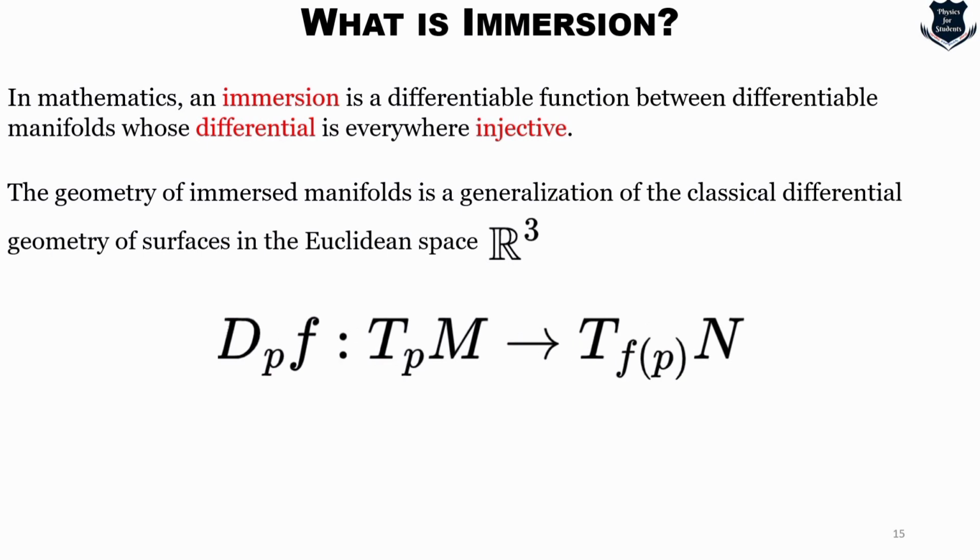Now immersion itself requires another video, so I won't be explaining immersion over here. I would take another video to talk about the distinction, or the similarity and difference, between immersion and embedding, but this is just for the sake of knowing.